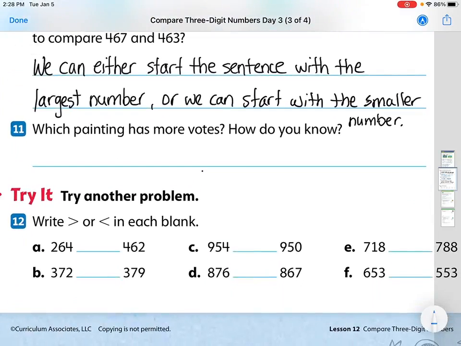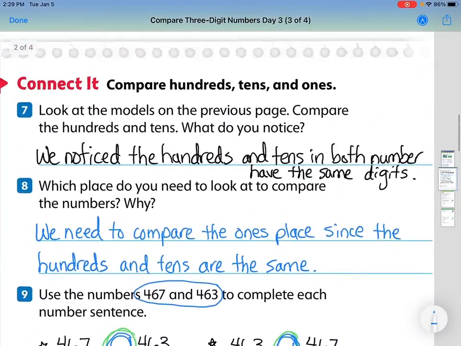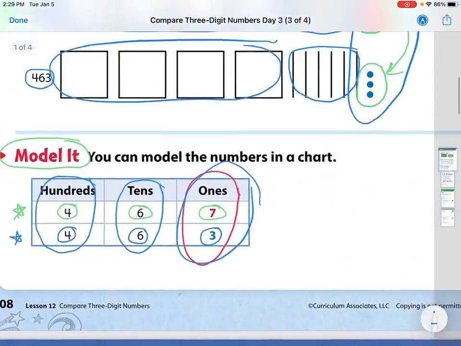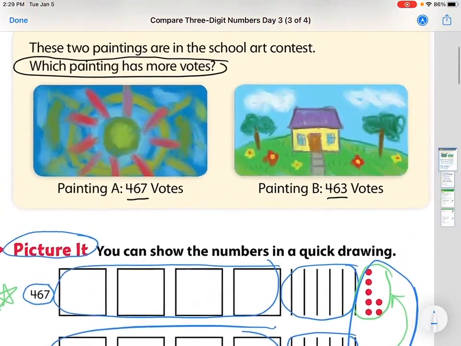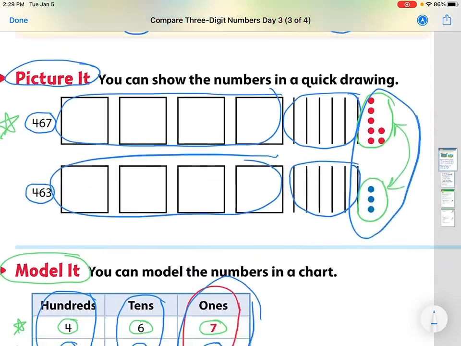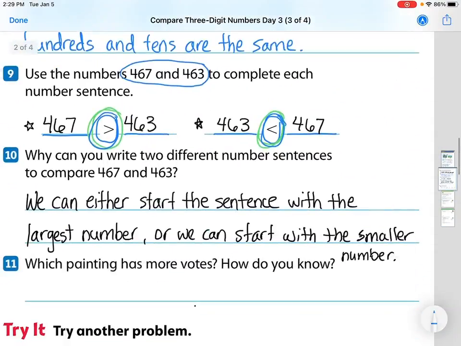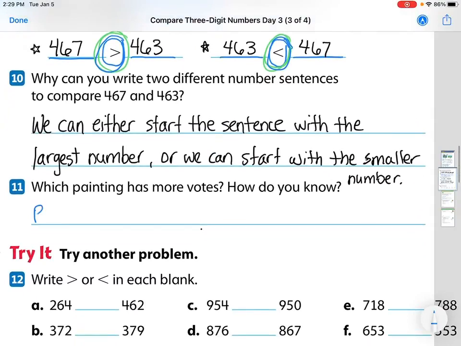Which painting has more votes? How do you know? So now we just have to tell whether it's painting A or painting B. Okay, painting A has 467 votes, and painting B had 463. So we know that painting A has the most votes because 7 is larger than 3.